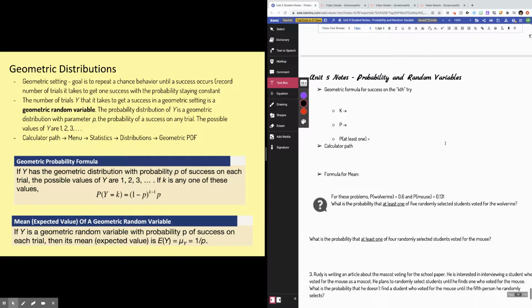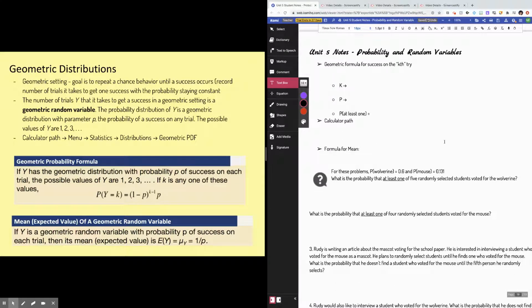So what you see on the bottom of the slides on the left-hand side is your formula for geometric probability, and you're trying to find success on the kth try, okay? So you're finding the probability that y equals k. I used y for the random variable, but you could use x as well. I just use y because that's what they use in your textbook.